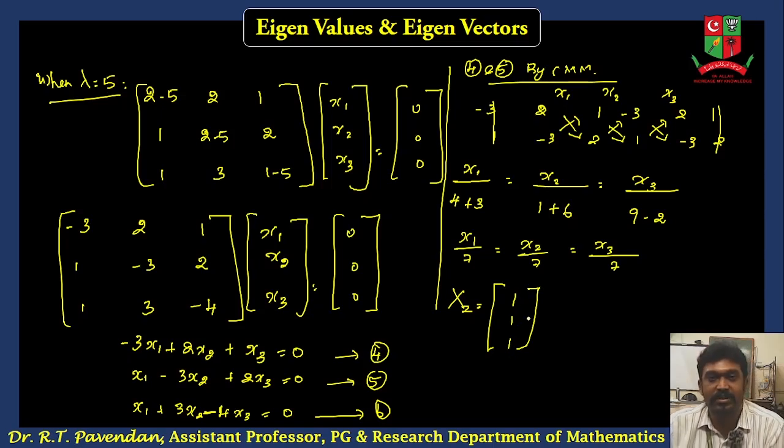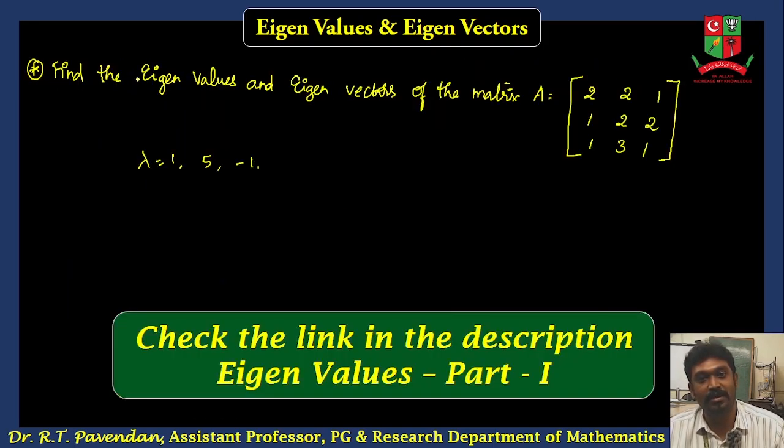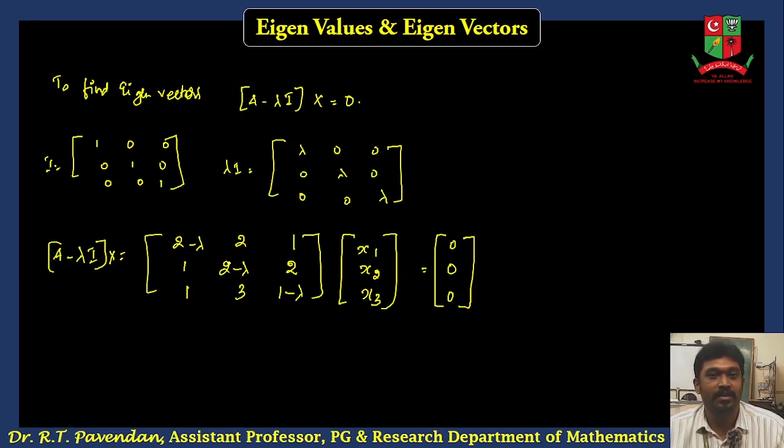Likewise, we are going to find the eigenvector for lambda equal to minus 1 as well. So when lambda is equal to minus 1, we substitute this value minus 1 in the A minus lambda I matrix. So 2 minus of minus 1 is going to be 3, 2, 1, then 1, 3, 2, and this value is 1, 3, 1 minus of minus is plus, so 1, 3, 2.